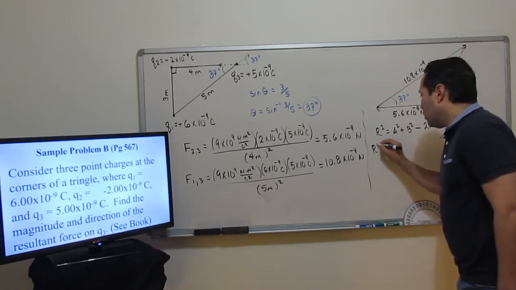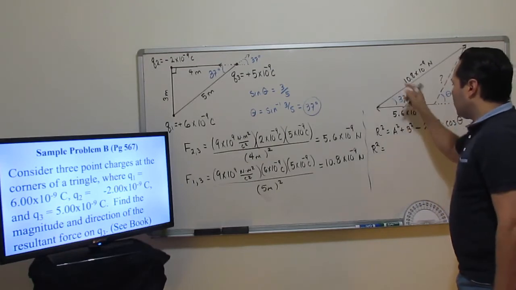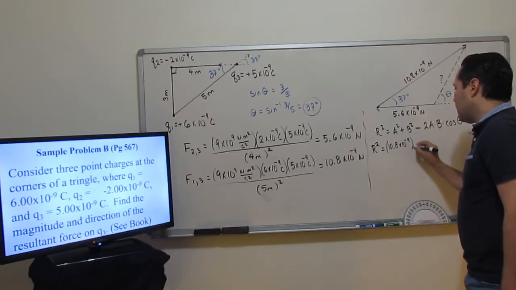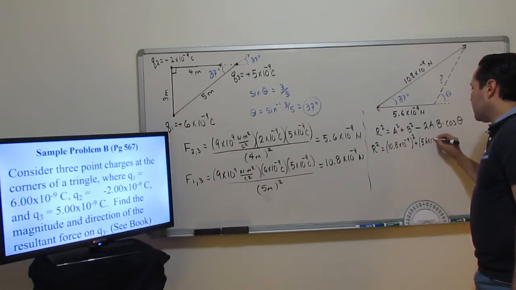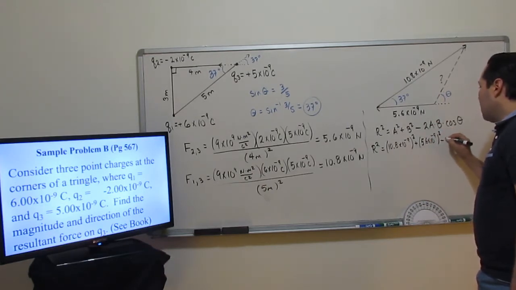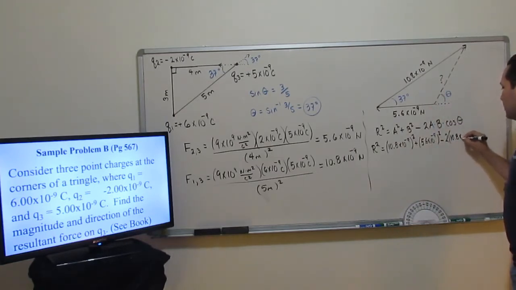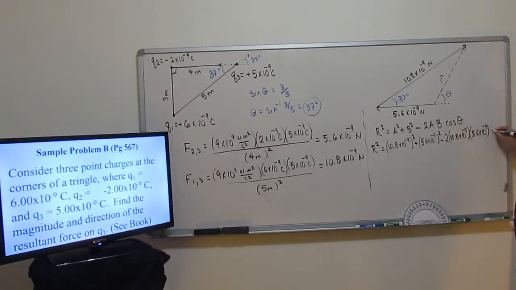Let's plug in all these values. R squared equals a squared. Either one of these could be a, it's irrelevant. I'm going to go with the top one: 10.8 times 10 to the negative 9 squared, plus b, 5.6 times 10 to the negative 9 squared, minus 2ab, 10.8 times 10 to the negative 9 times b, 5.6 times 10 to the negative 9, times cosine of theta, which is 37 degrees.